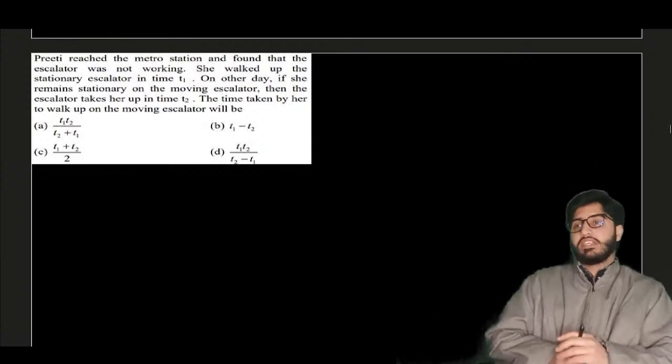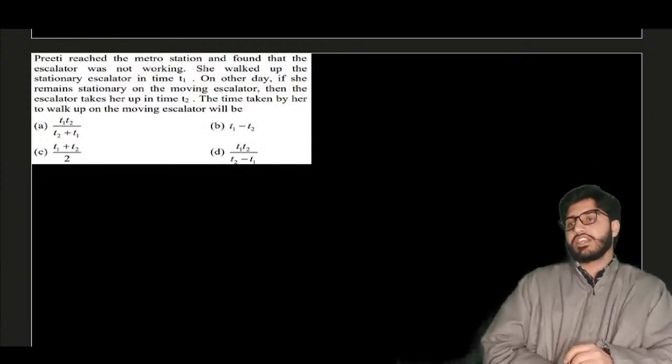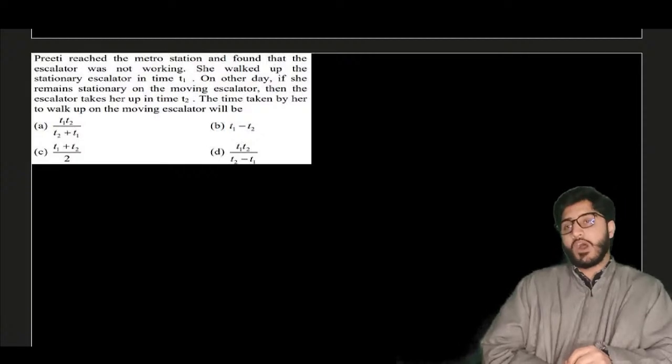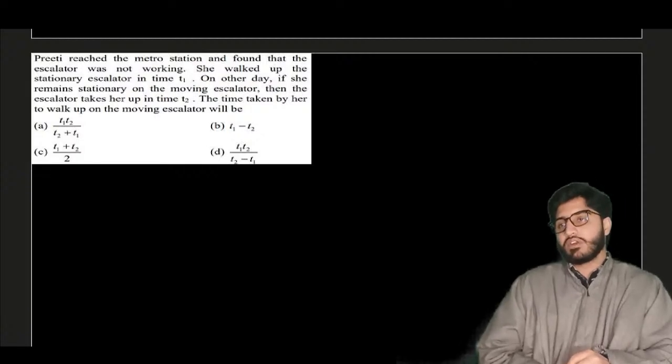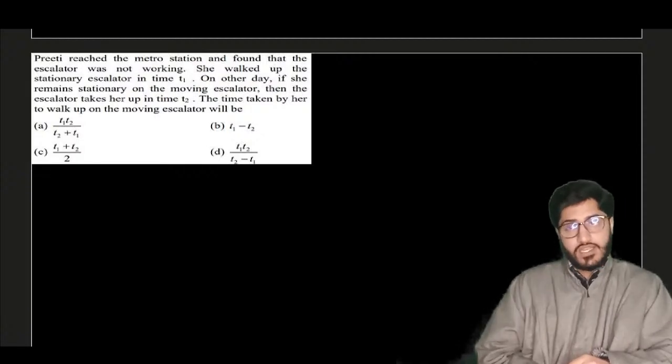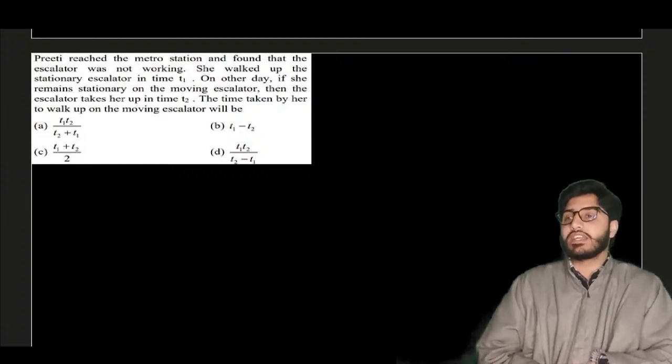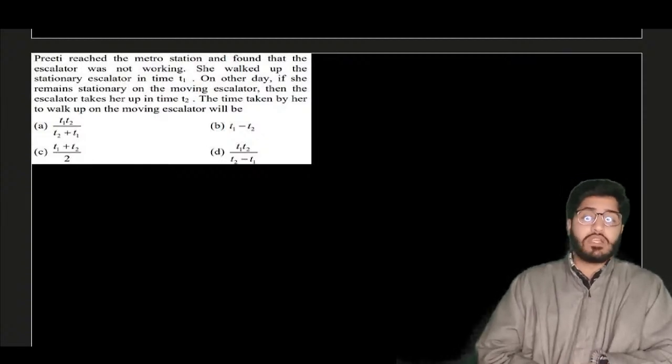Preeti reached the metro station and found that the escalator was not working. She walked up the stationary escalator in time t1. On another day, if she remains stationary on the moving escalator, then the escalator takes her up in time t2.